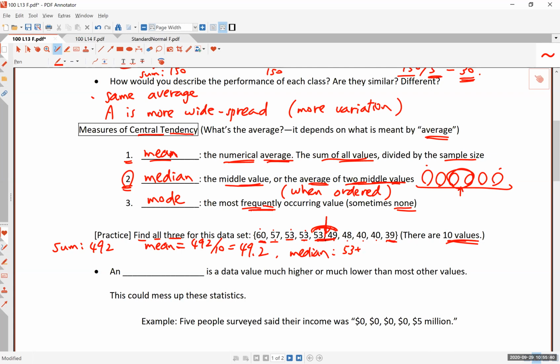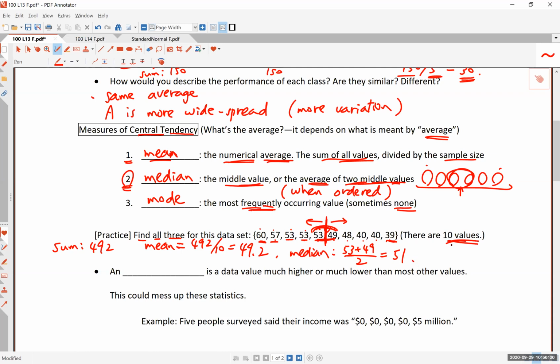Right? Remember, because you have 5 below this and 5 above that. So you take 53 plus 49 and you divide it by 2. So this will be technically the mean of the 2 middle numbers, right? And so when you do that, you get 51, and 51 is your median.